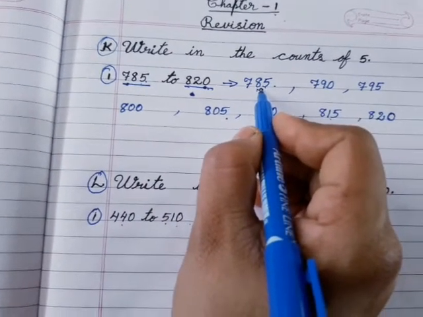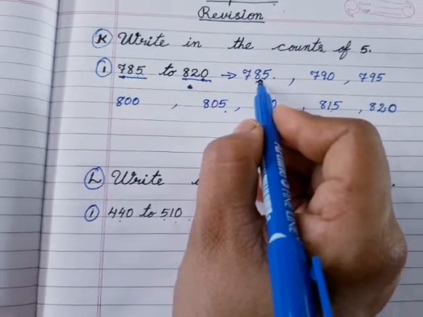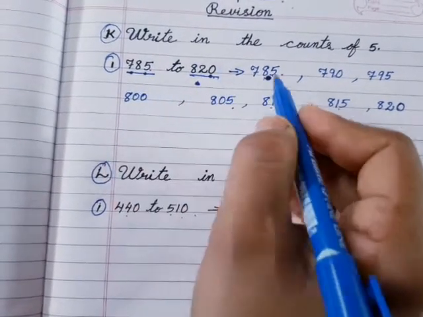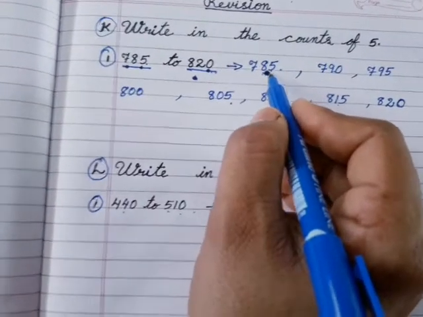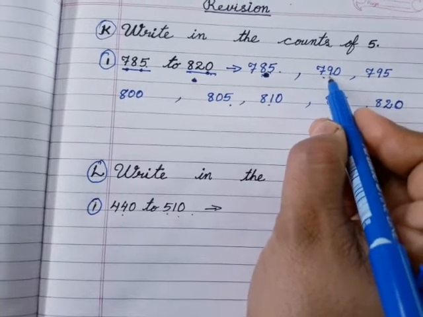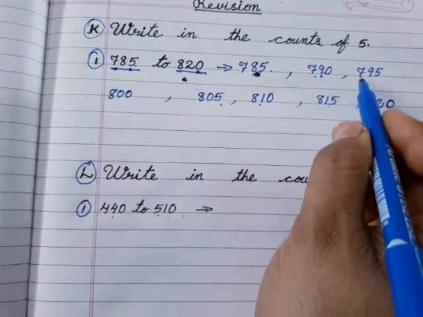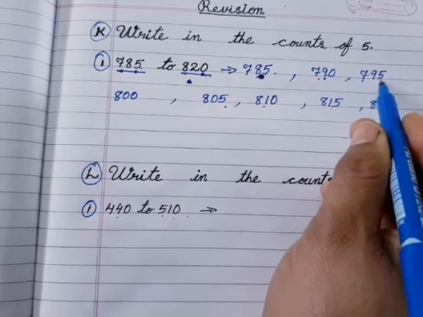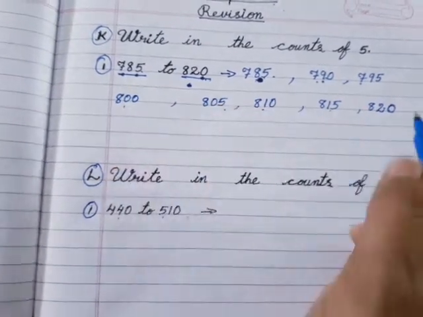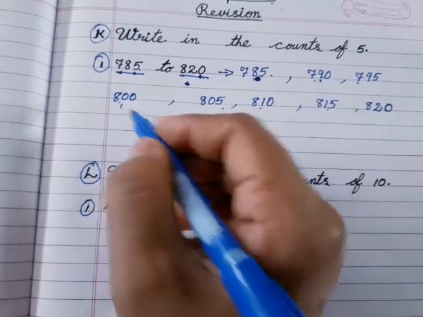That means you will increase the number 5 with the number which is given for you, that is 785, and increasing by 5 you are getting 790, and after 790 you are getting 795, and that 795 plus 5 you are getting 800.